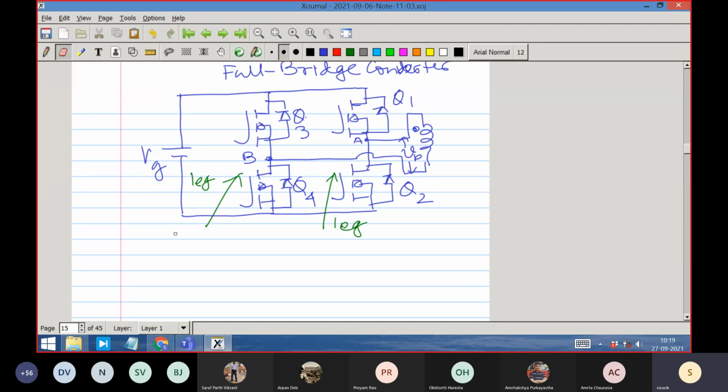Because we want control over it. The duty ratio gives me that control, and D means sometimes it is high, sometimes it is zero. So here also we require a similar thing: sometimes the voltage high and sometimes zero. The applied voltage should be zero at some point of time, then only we can get the desired voltage, right?